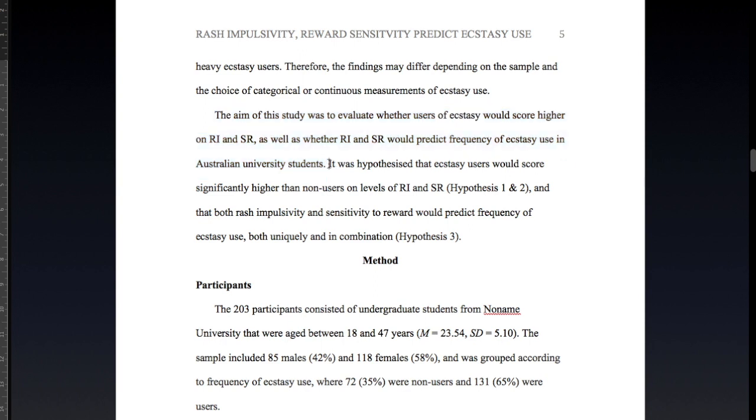Then I talk about my hypotheses, and ecstasy users, blah, blah, blah. And hypothesis 1 and 2, and then state hypothesis 3. Normally you wouldn't state it like hypothesis 1 and 2 and hypothesis 3. You wouldn't normally need that, but it was sort of required in this because we were undergraduate students. The teachers were really making sure we knew what our hypotheses were.